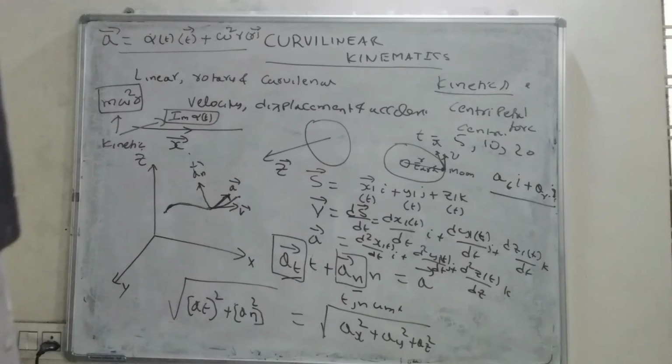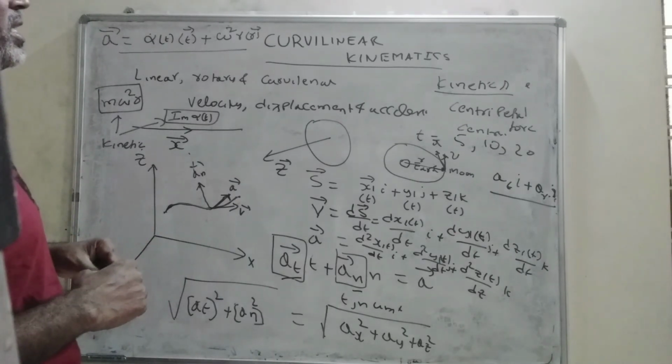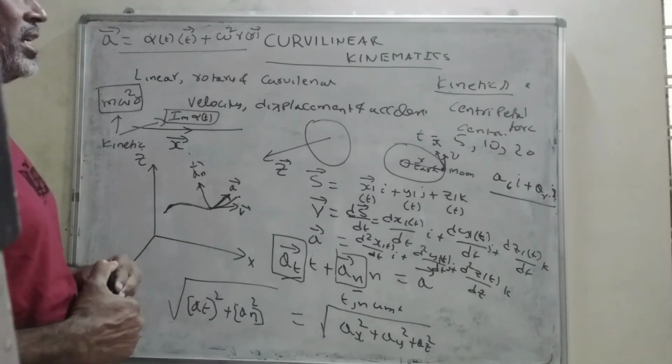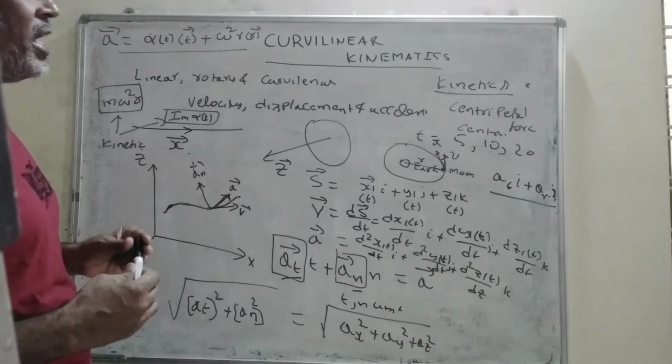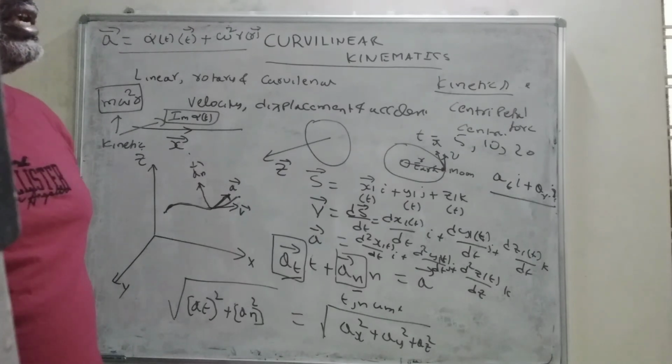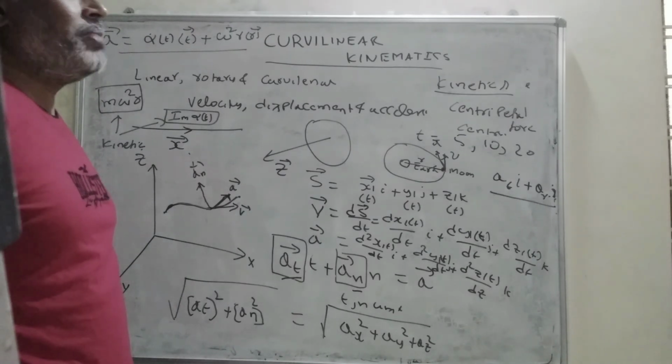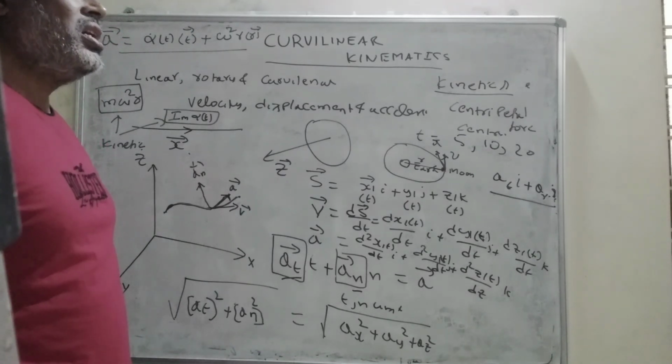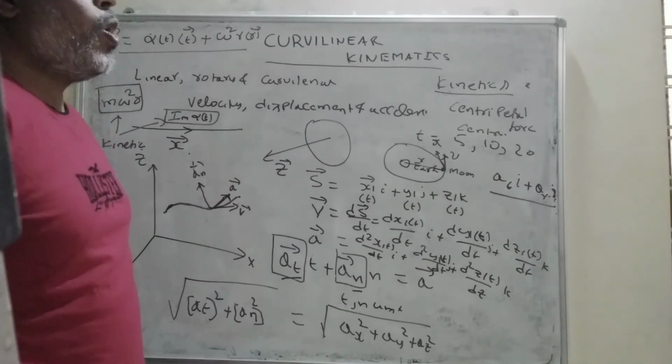Okay. So this is what is about the curvilinear kinematics. We can have several video sessions on different types of problems that will come in the kinematics part. So a satellite moving around the Earth will be having some velocity and acceleration, and its displacement.